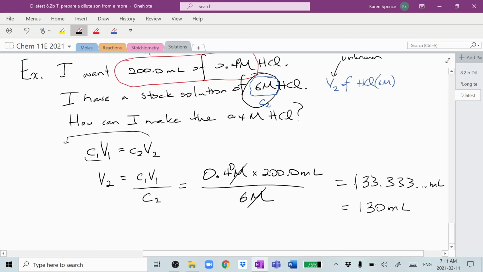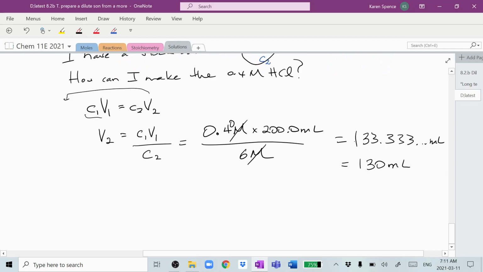But because I'm making a dilution, and I would like this to be as accurate as possible, I would probably measure out 133.3 milliliters because my measuring device probably can at least measure out 1 milliliter increments. So in actual fact, maybe not 0.1. We'll take a look at it when we get back to school.